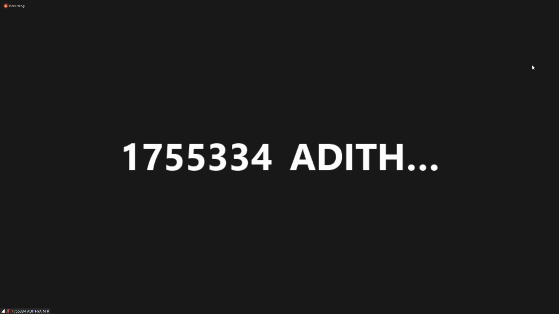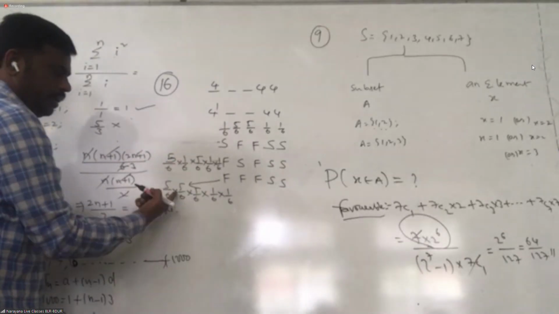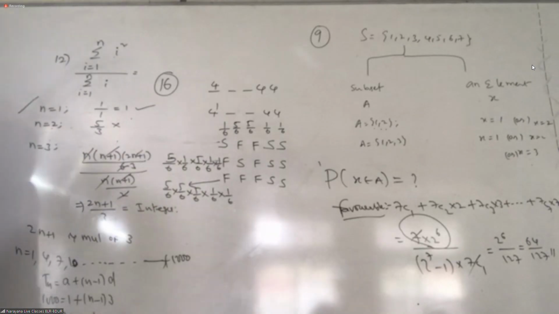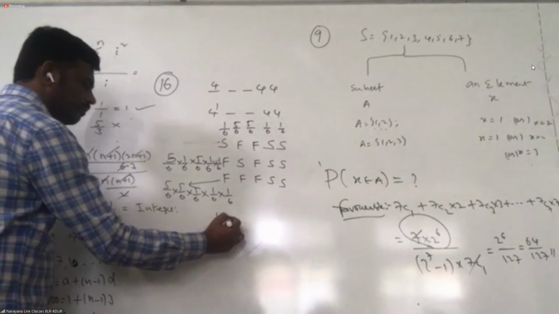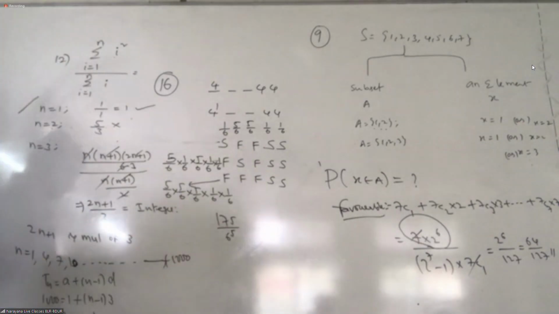Yes. Here 25, here 25, here 125. 25 plus 25 plus 125, 175. 175 divided by 6 power 5. Check your answer. D is the option. Yes. Okay.